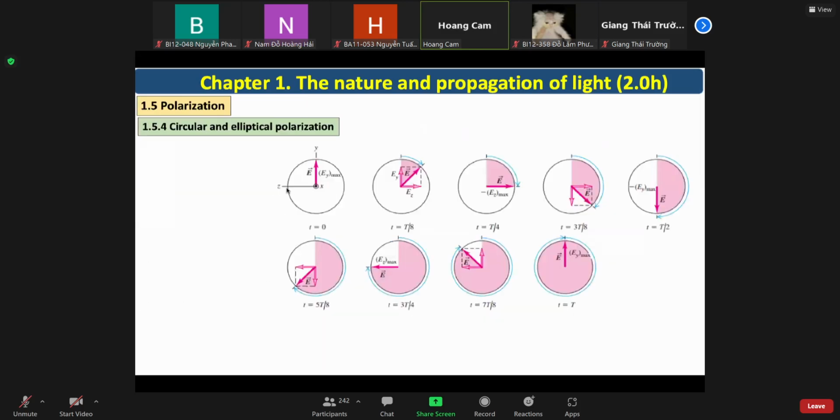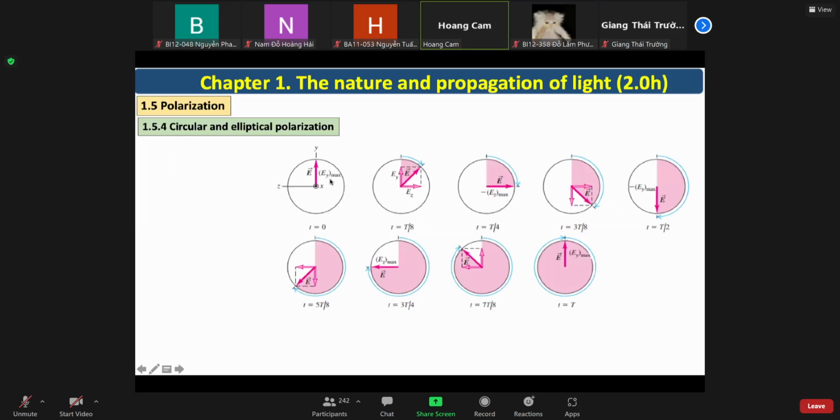Okay, I want to move on to circular and elliptical polarization, besides the linearly polarized and the unpolarized light. So here, what I'm showing you is the evolution, the change of the electric field over time, from initial time t equal to 0 up to 1 cycle.